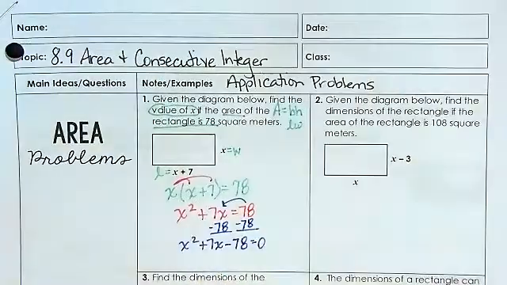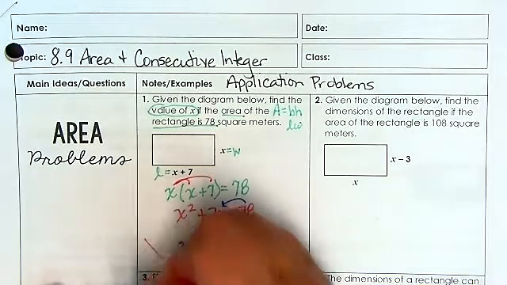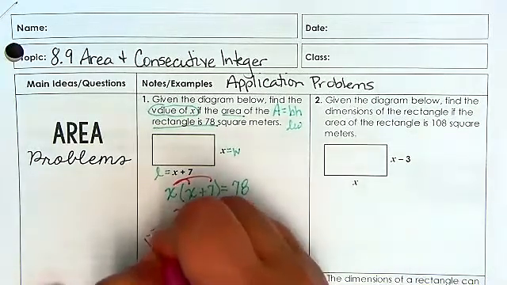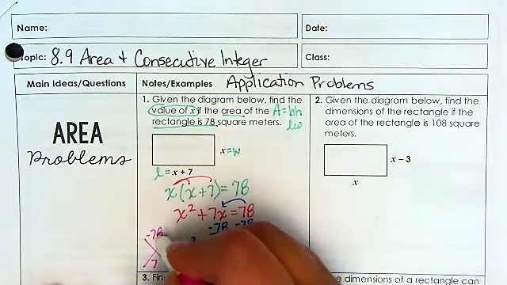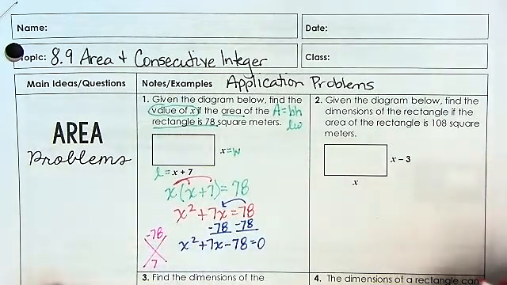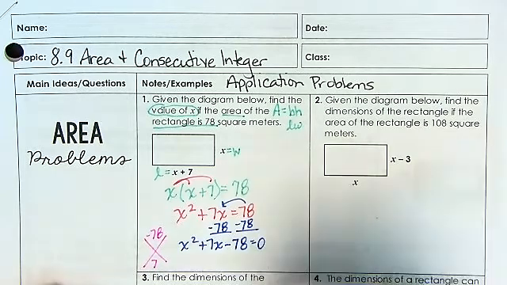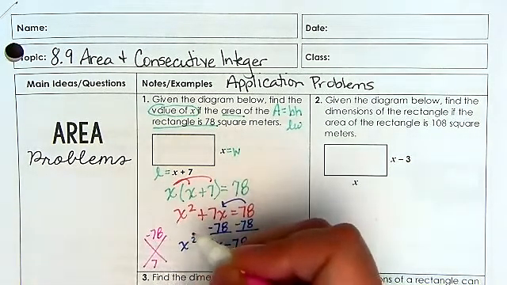And now we've got to factor. So I'm going to have negative 78 is the product, 7 as the sum. I need to find two numbers that when multiplied equal 78, but add to equal 7. So I go to my calculator.